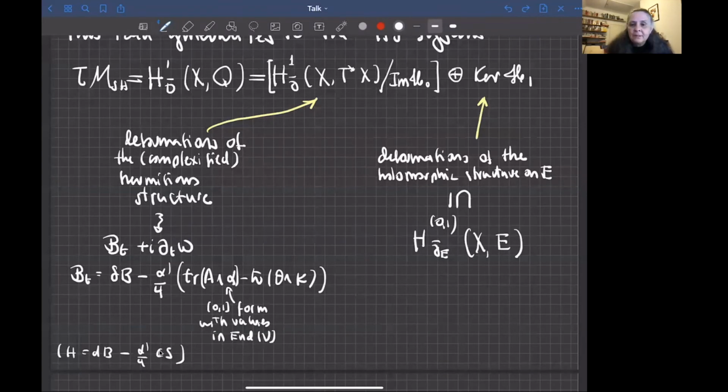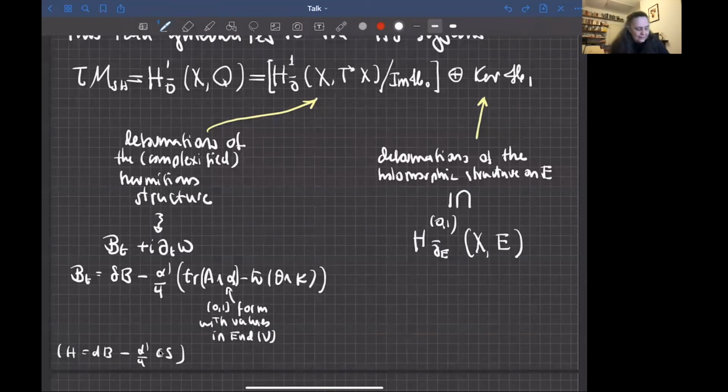This is something similar to what happens in type 2 theory, in that your Hermitian form, say on a Calabi-Yau, always comes complexified.